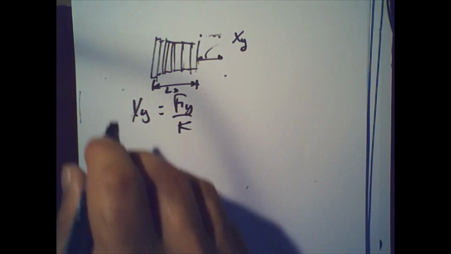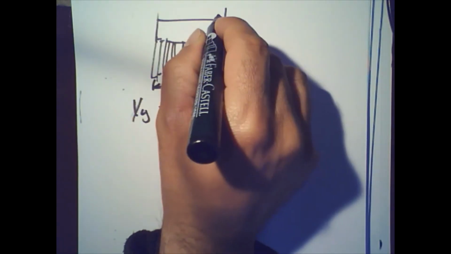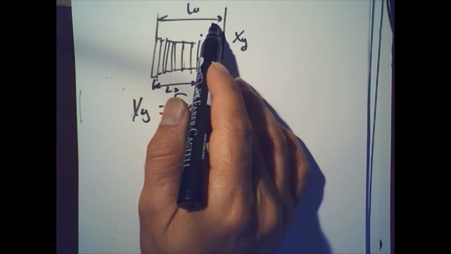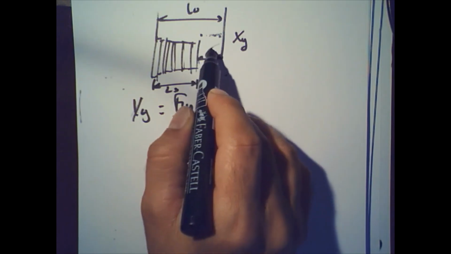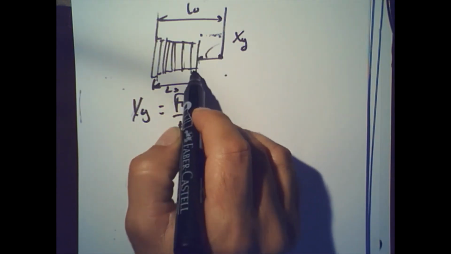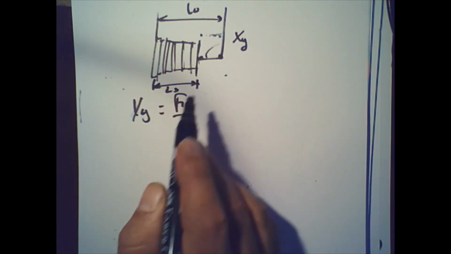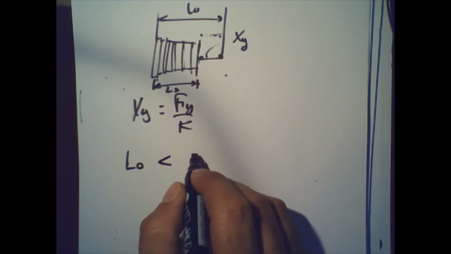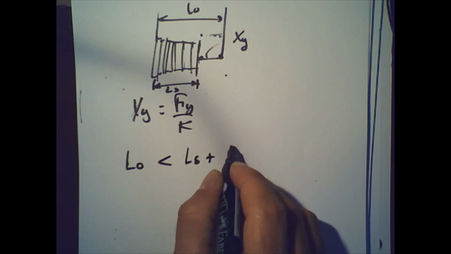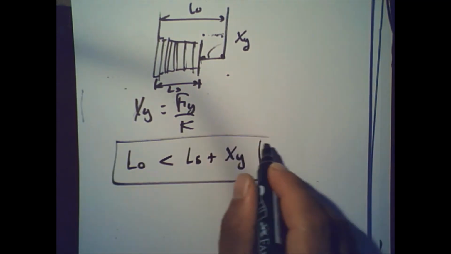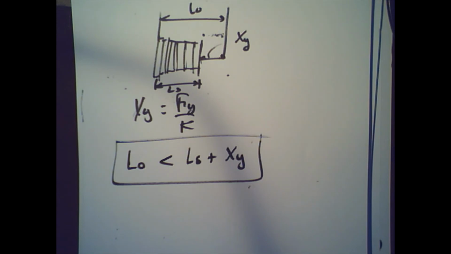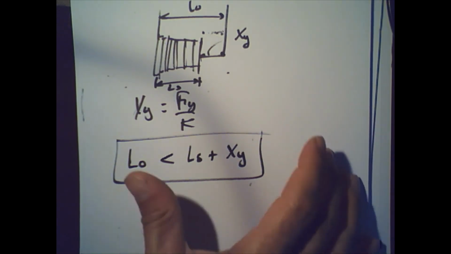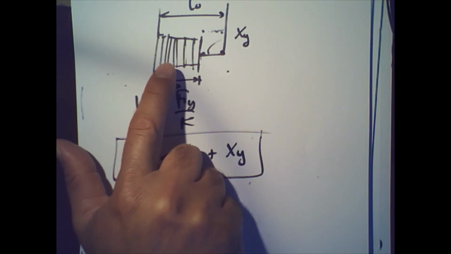So essentially the free length of the spring would have to be this one, or less than that, right? If the free length of the spring is less than that, then essentially you make sure that x can only be at most xy and then lower, right? So L0 would basically have to be less than LS plus xy. This is a general convention, but it doesn't have to be that way, right? You can have some other constraints other than solid length of the spring.